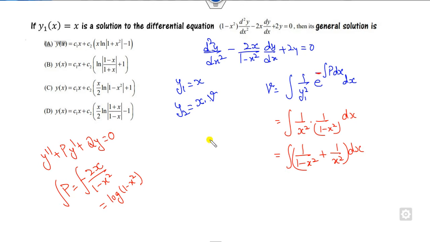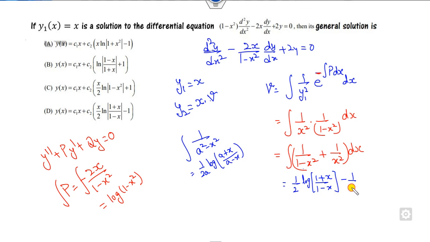Fine. Now what is the integration of 1 over a square minus x square? This is 1 over 2a log of a plus x over a minus x. The first part I can write as 1 over 2 log of 1 plus x over 1 minus x, and this is minus 1 by x. So this is my v. So I can substitute this value here. So x will be there.